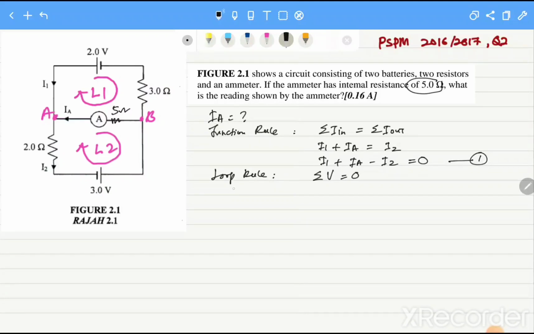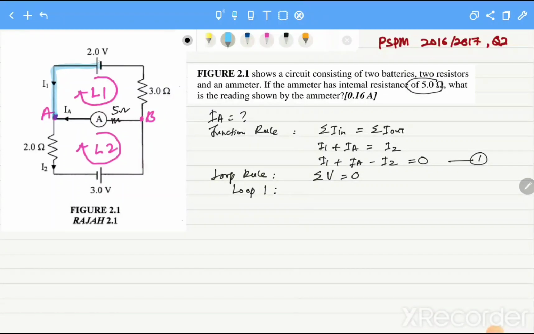Okay, next, for loop 1, we are going to travel in the clockwise direction. Suppose we start at point A. At point A, we travel in the clockwise direction. The first component that we get to is the battery.